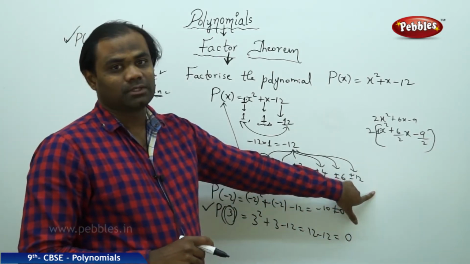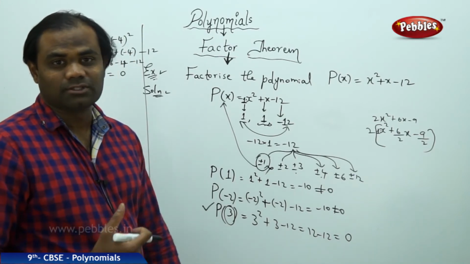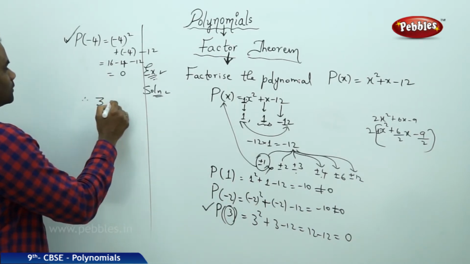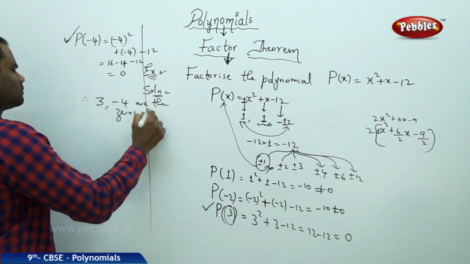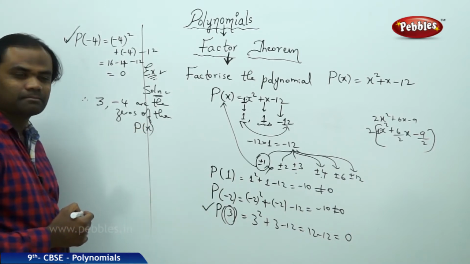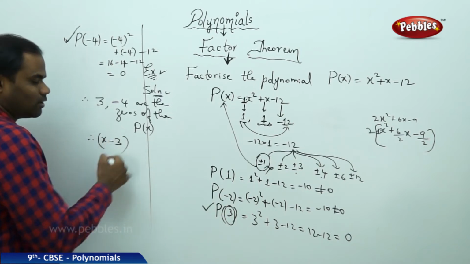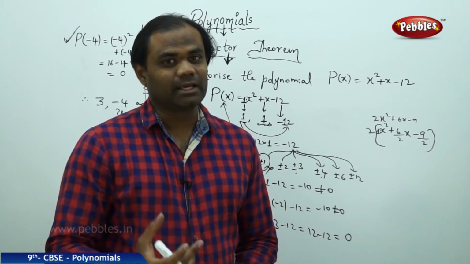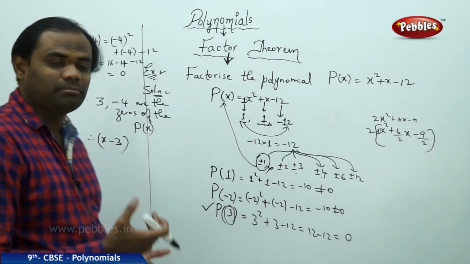Plus or minus 6 and plus or minus 12 do not give the zeros of the polynomial. Therefore, 3 and minus 4 are the zeros of the polynomial P of x. Now these being zeros, x minus a is what we have seen in the remainder theorem. If the remainder is 0, then x minus a is a factor of the given polynomial f of x or p of x.